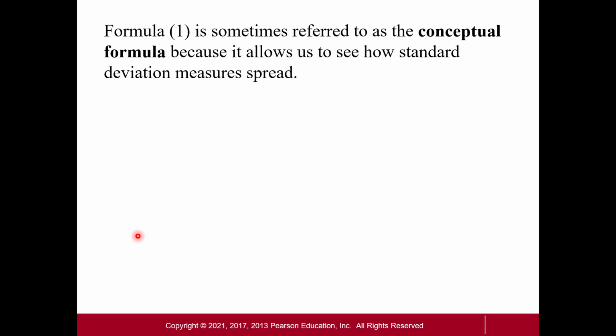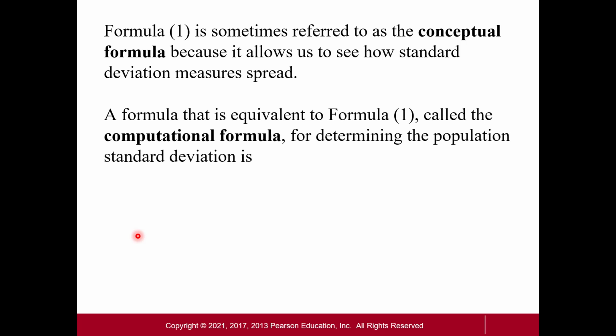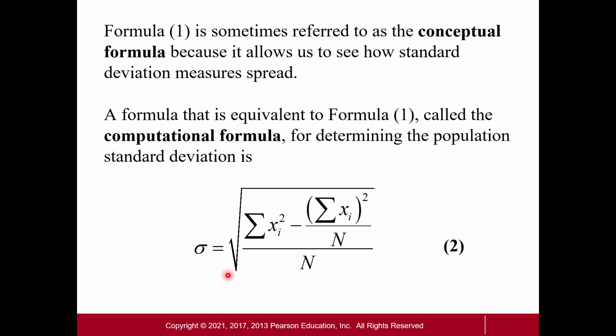Formula 1 is conceptual, because it breaks down how the formula works. There's another way to compute this, and we call it the computational formula because it's much easier to work with. It's still a square root, but you take 2 different summations.